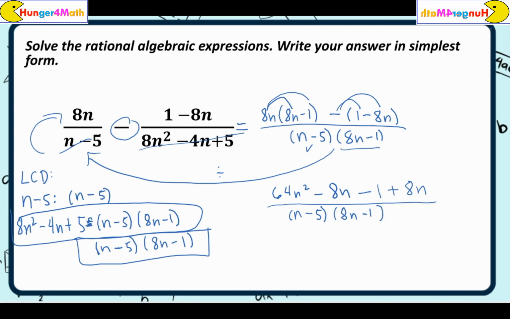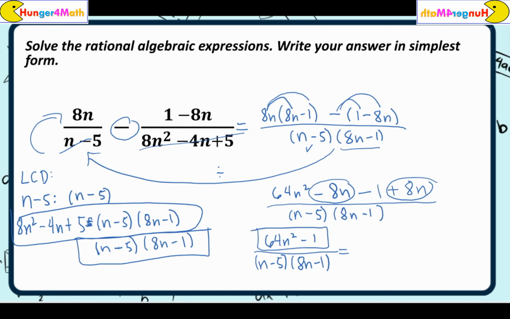Then let's simplify the numerator. So here we can combine minus 8n and plus 8n, that will turn into 0. So here it will be 64n squared minus 1 all over n minus 5 times 8n minus 1. Here, the numerator is a difference of two squares.